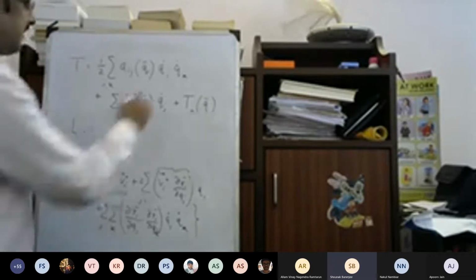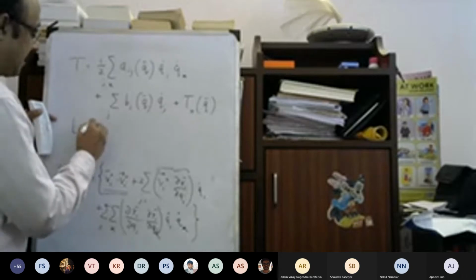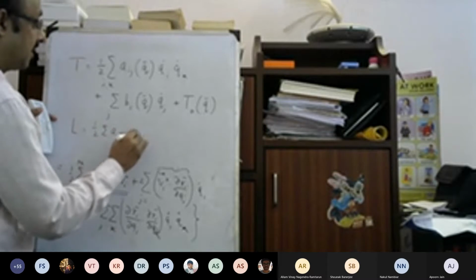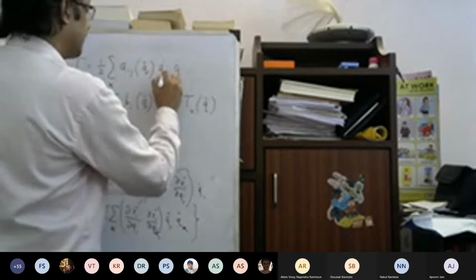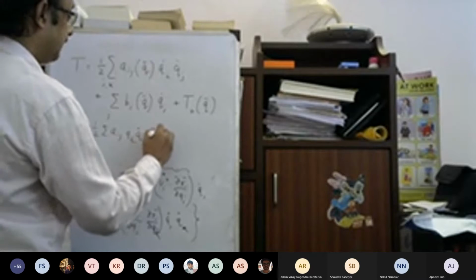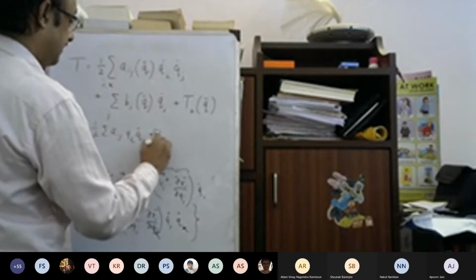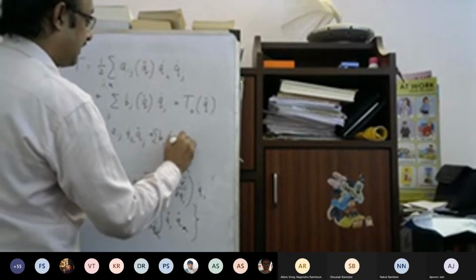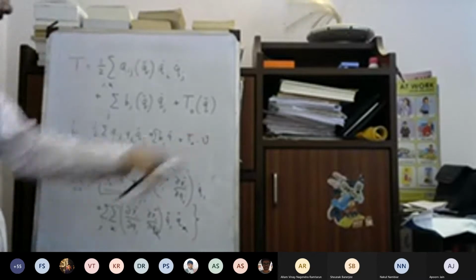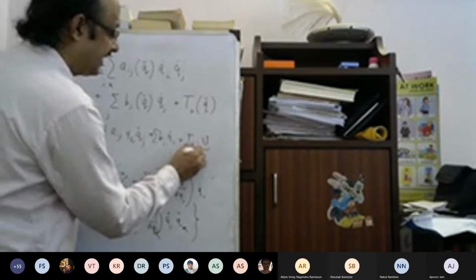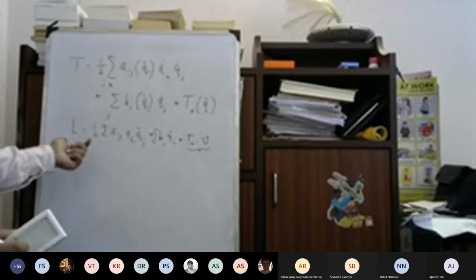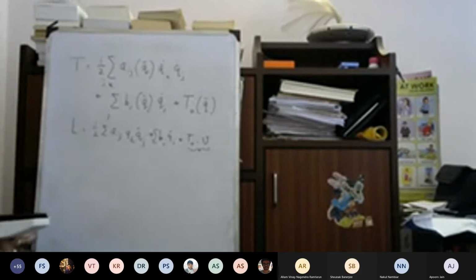So L will be equal to half of Aij qi dot qj dot, not j k, i and j, plus bj qj dot plus T naught minus U, which is a function of qi, so therefore this entire thing is a function of q only. This is the Lagrangian.